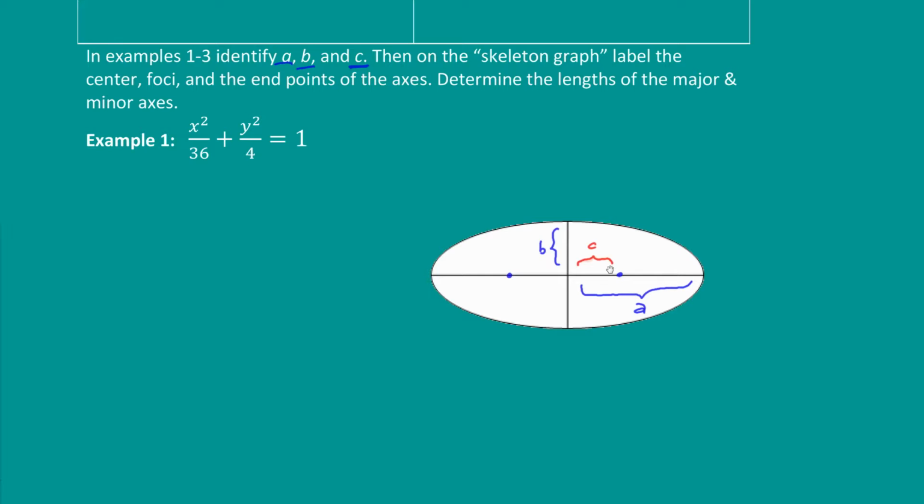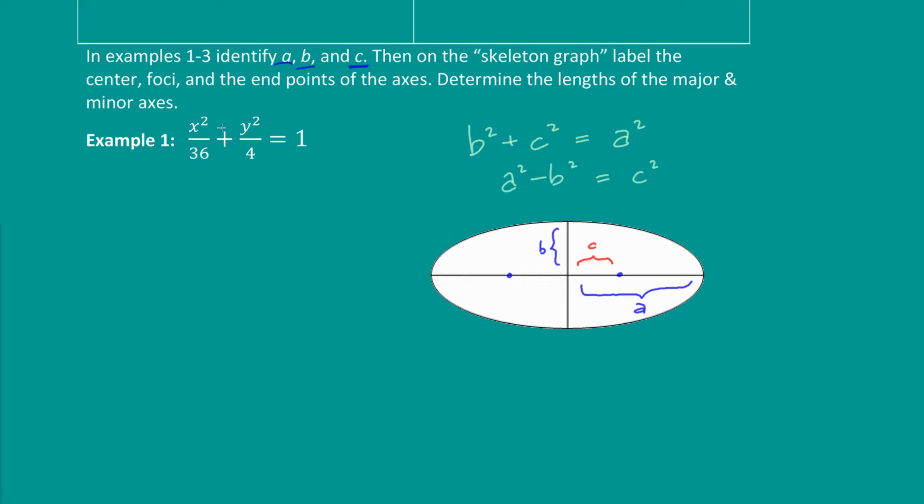So the A has to be larger than the C. We're going to find our C using the Pythagorean theorem, such that B squared plus C squared will give us our A squared. So if we wanted to find our C squared, it would be A squared minus B squared equals C squared.